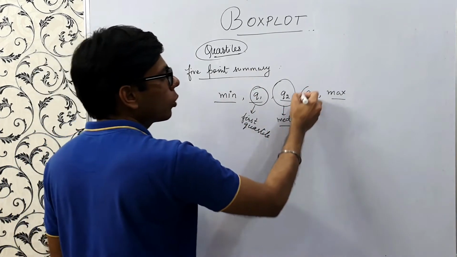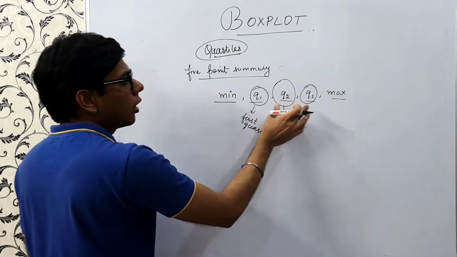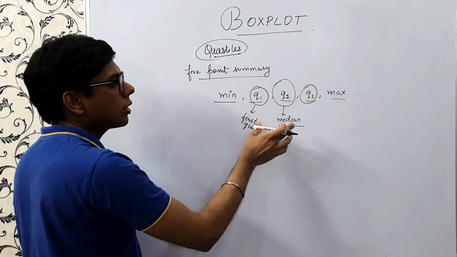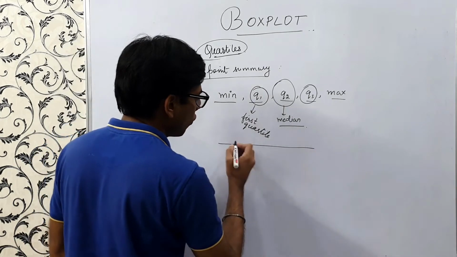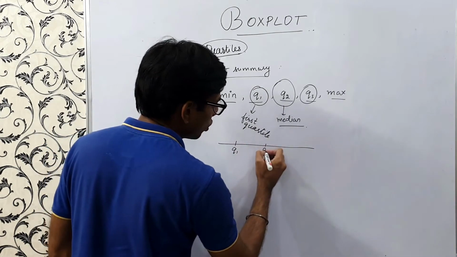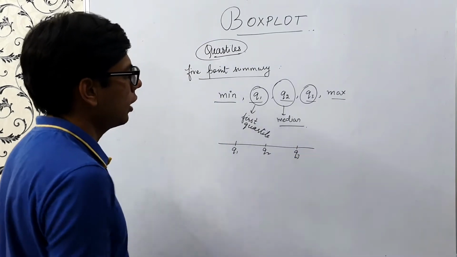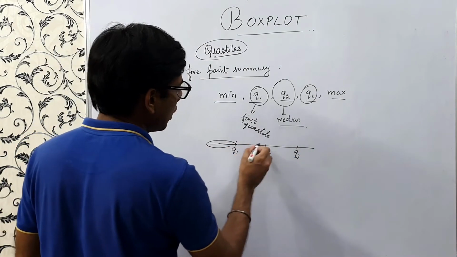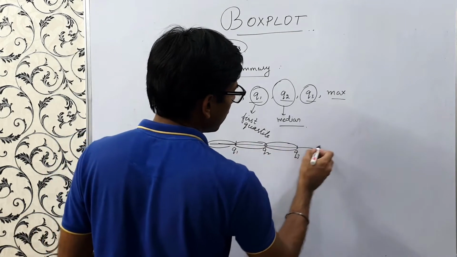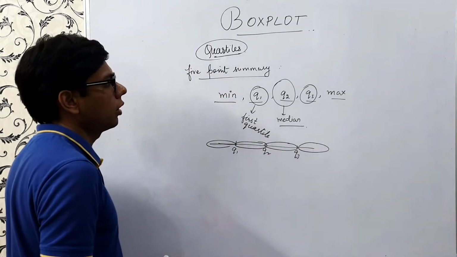And Q3 is a third quartile. So these are the quartiles, 3 quartiles, which divides the data set into 4 parts. So this is Q1, this is Q2, this is Q3, right? So this is 25% of the data, here 25%, here 25%, and here 25%, right?